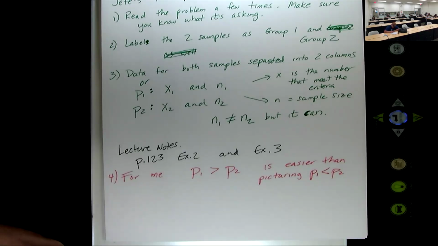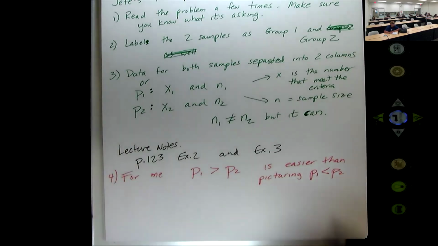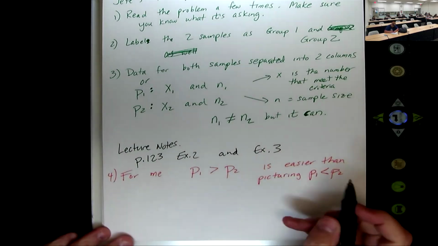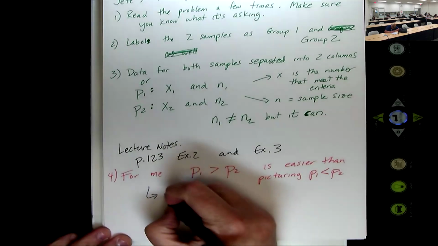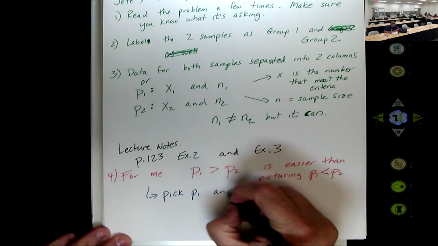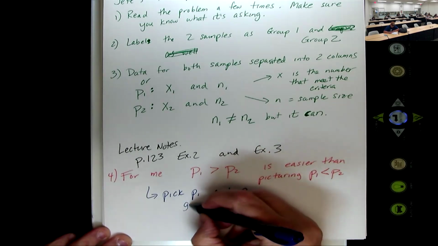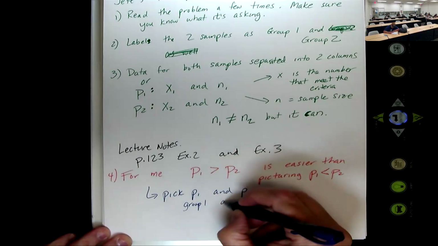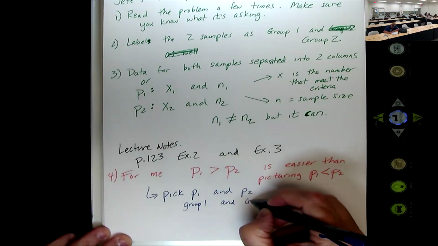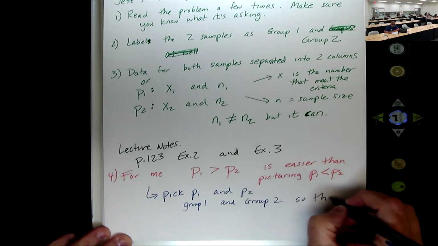But for me, picturing one group as greater than the other and consistently doing that, use that if you're the same way as me. Pick P1 and P2, basically group 1 and group 2, so that this is met.